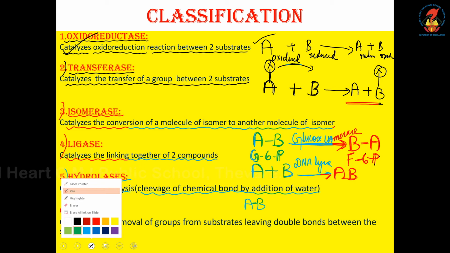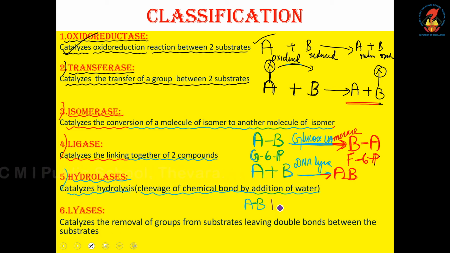On addition of water, which is going to be written as HOH, what happens is the bond between A and B is cleaved, broken, and we get two products, AH plus BOH.